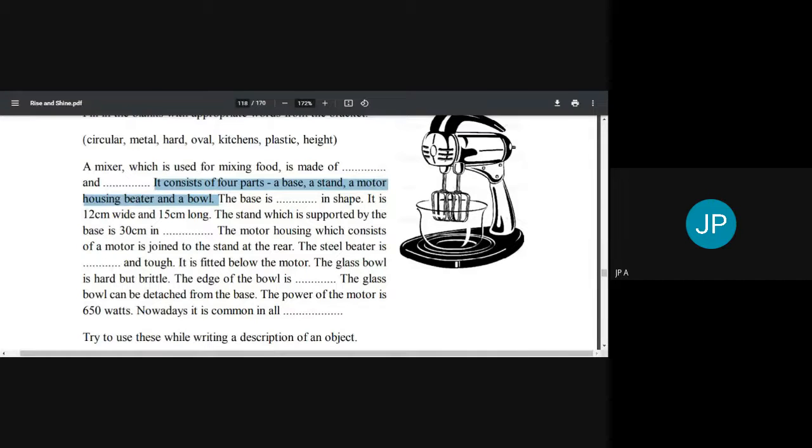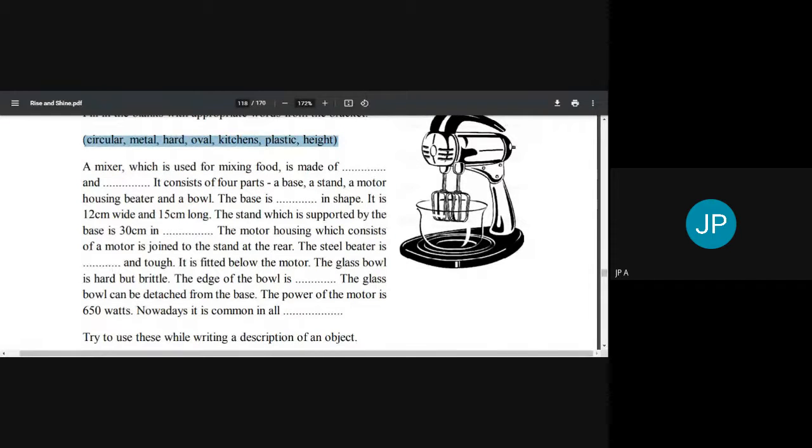Then we have the dimensions. Dimension means measurements. It is 12 centimeter wide and 15 centimeter long. The stand which is supported by the base is 30 centimeter in... അതും ഡയമെൻഷൻ ആണ്. ഇത്രേ ഡയമെൻഷൻസ് കൊടുത്തിട്ടുള്ളൂ.